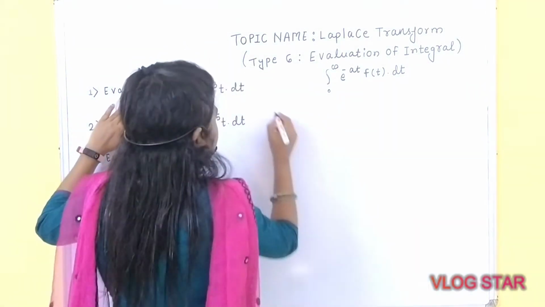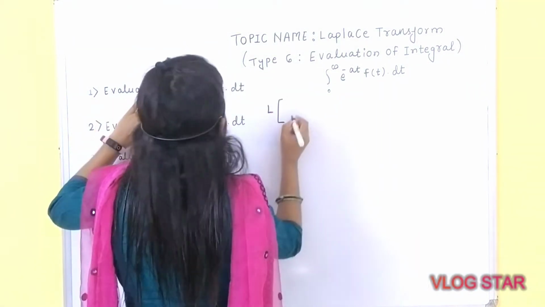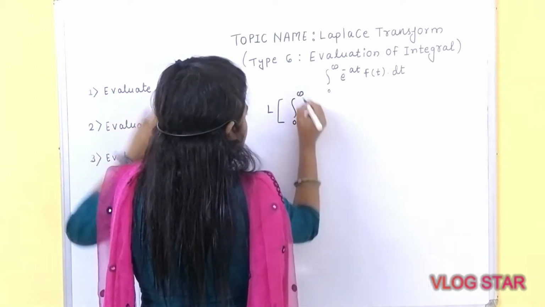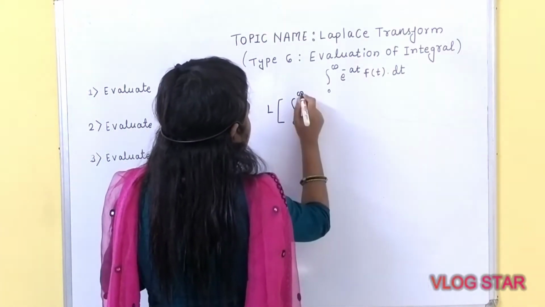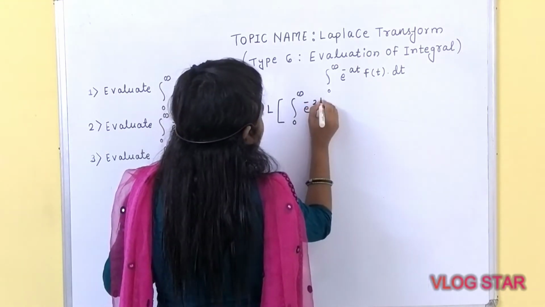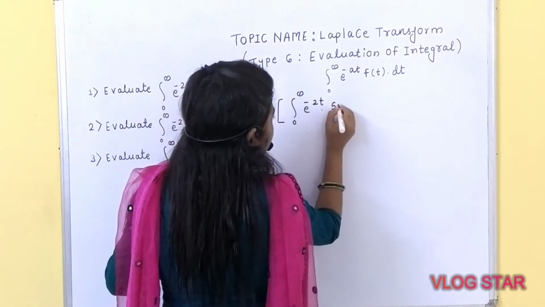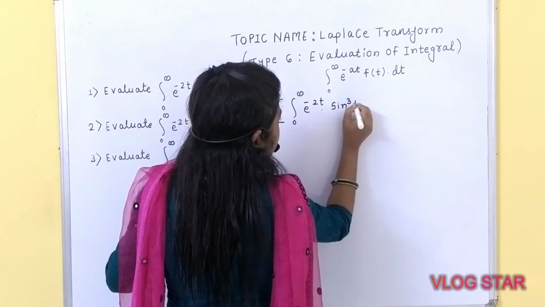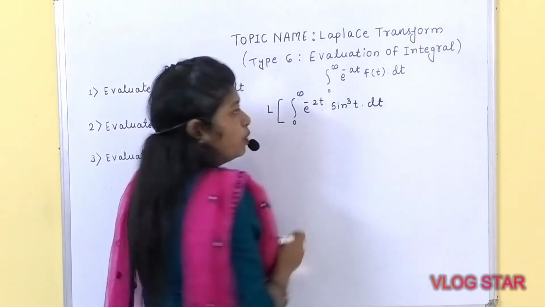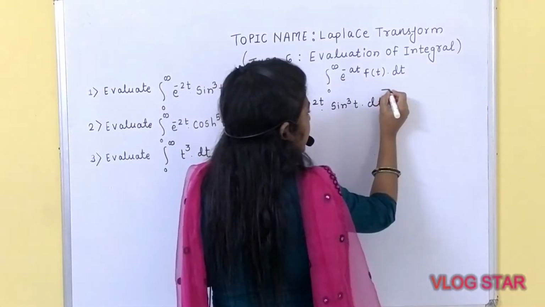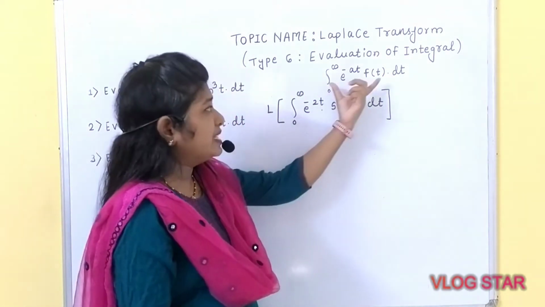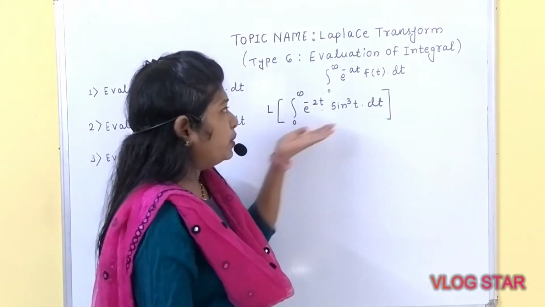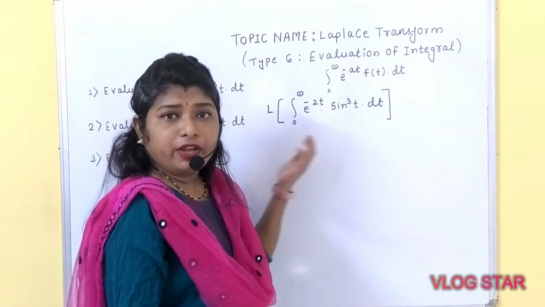We need to calculate Laplace transform of the given function. What is given? Integration of 0 to infinity e raised to minus 2t into sine cube t into dt. You have to equate the given question with the standard result, and you need to take f of t from that.